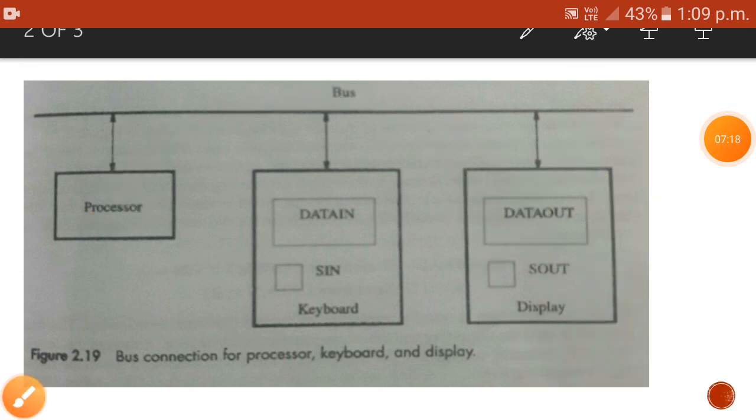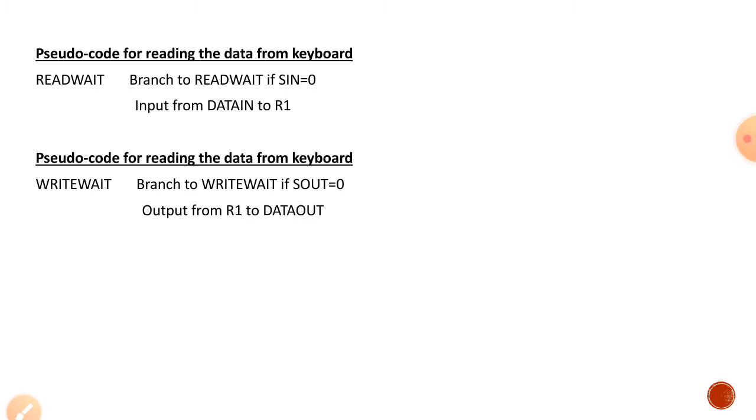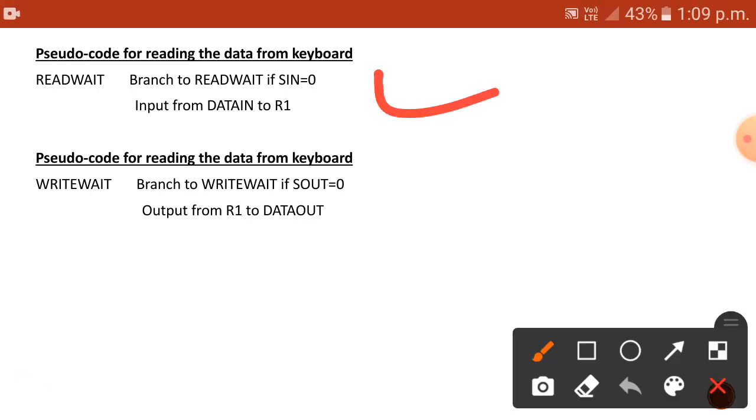Let's see some pseudo code for how to read a character and print a character. This is the pseudo code for reading data from the keyboard. Read wait: branch to read wait if SIN is equal to 0. On the keyboard side, initially SIN is 0.